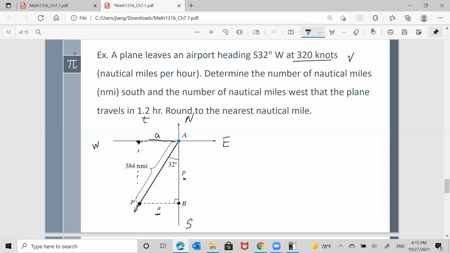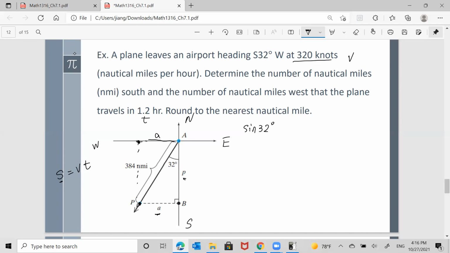Okay, if you don't understand, please pause the video. If we have the angle A equals 32 degrees, opposite over hypotenuse is sine 32 degrees. Oh, I forgot to mention how I got the hypotenuse. We know that the distance equals velocity or speed times t.